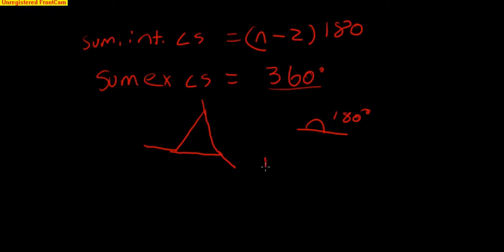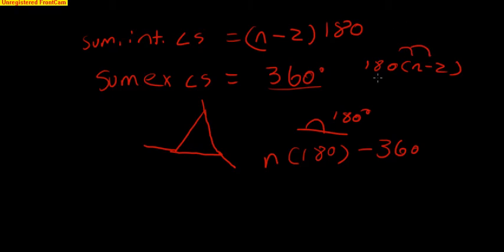So you can't just take the number of sides and multiply it by 180, because that wouldn't work. That would give you as if this was a total flat figure. So you have to subtract these 360 degrees from that. And that's because if you take the 180 times n minus 2 and you distribute, you get 180n minus 360. So that's a little proof for you guys.